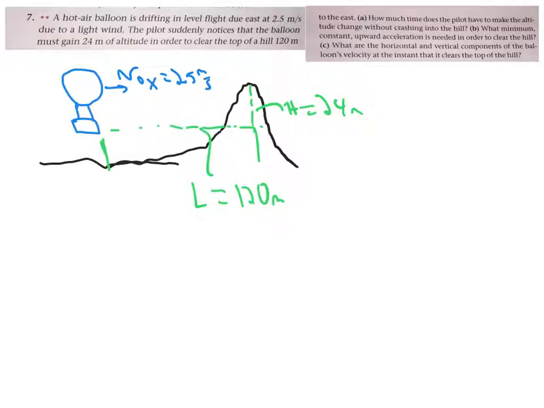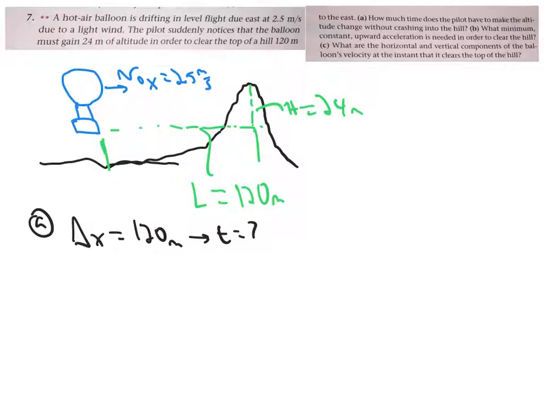So part A, we want the time, but we can tell that we have a delta x. We are going to travel 120 meters, and we want to find what time. That's what we're looking for here.